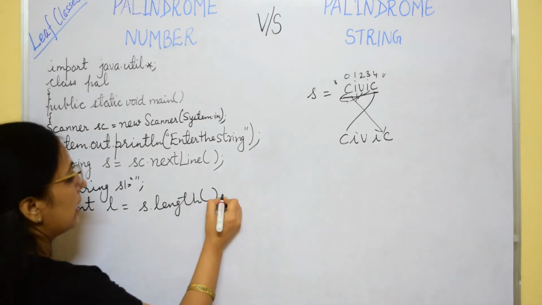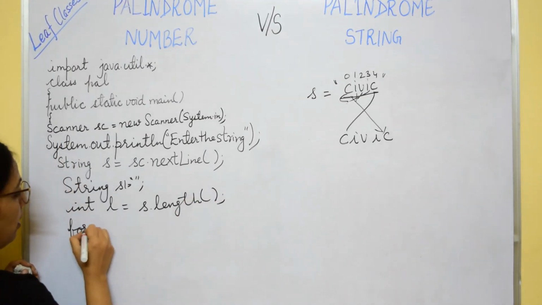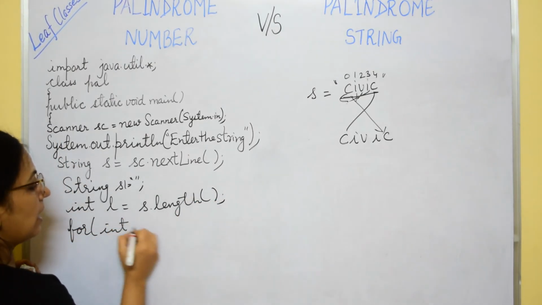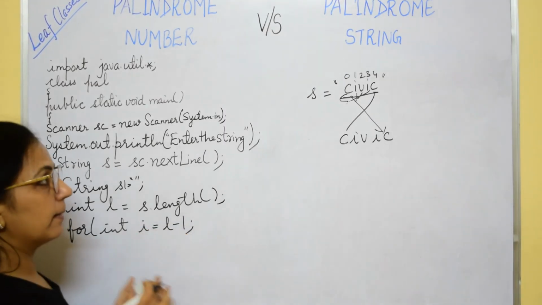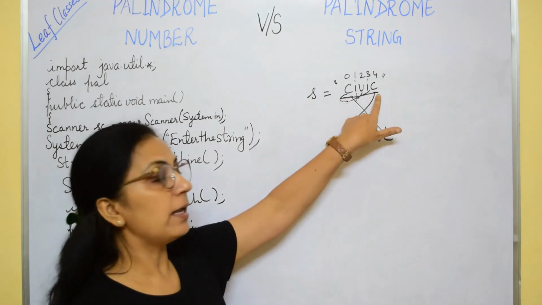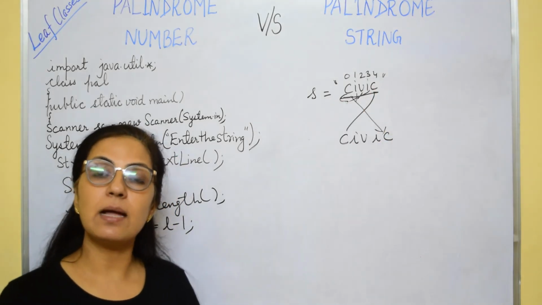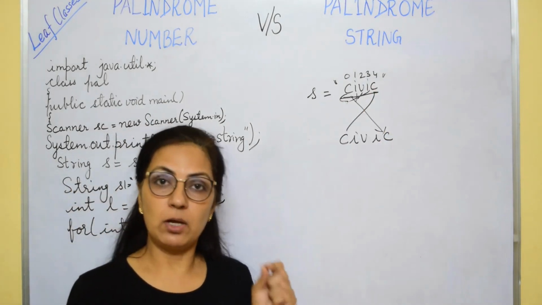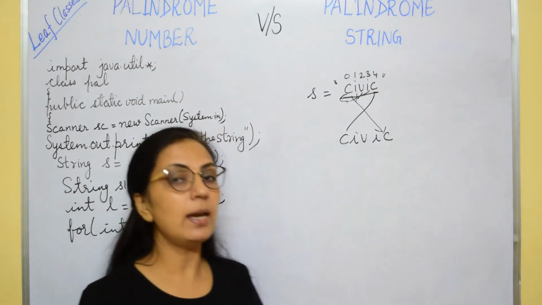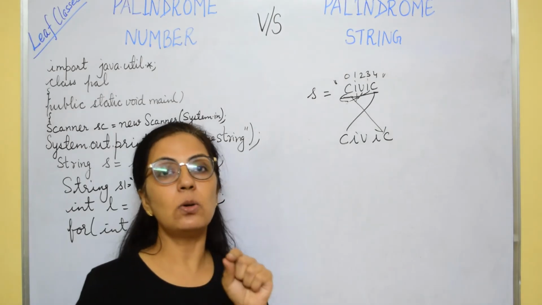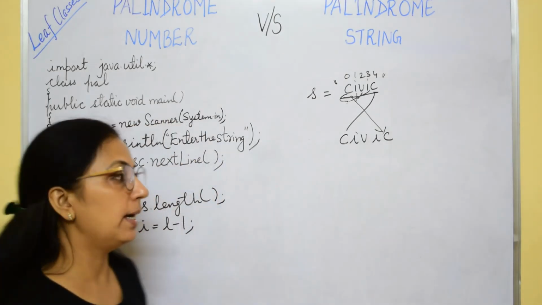Now we will take the loop for int I equals L minus 1. If the length is 5, the last index number is 4, because the index number starts from 0 till length minus 1. So the last character is stored at the L minus 1 index number.